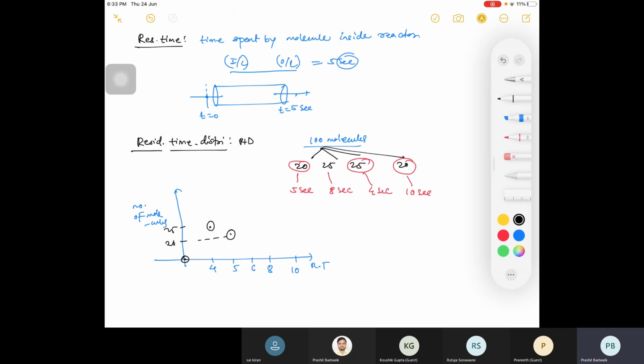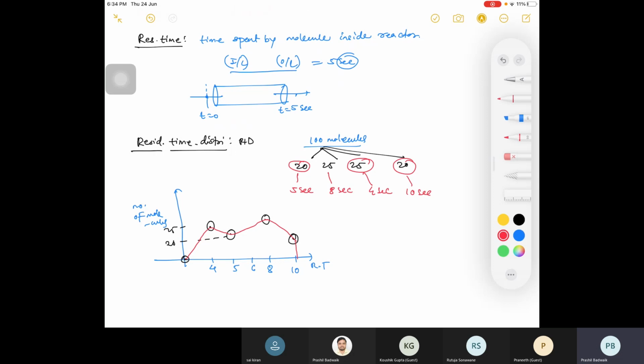Then you have 8 seconds, how many? 25. And then at 10 seconds you have 20. So this is your distribution. So this is called your distribution of residence times.